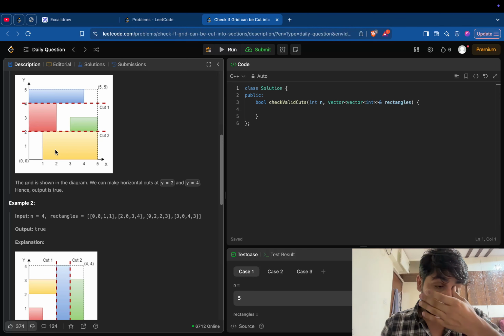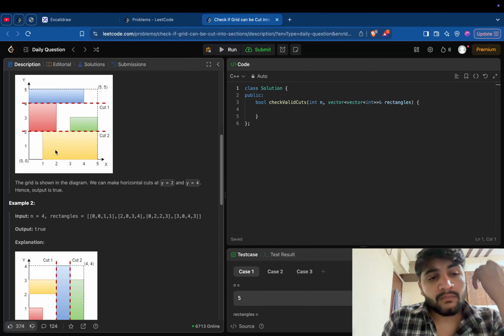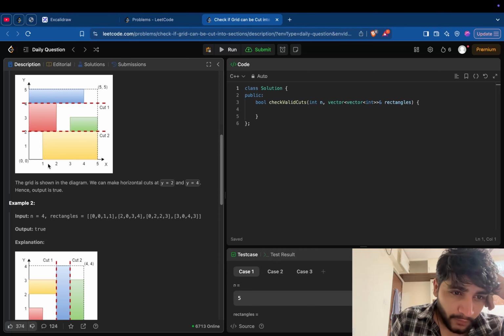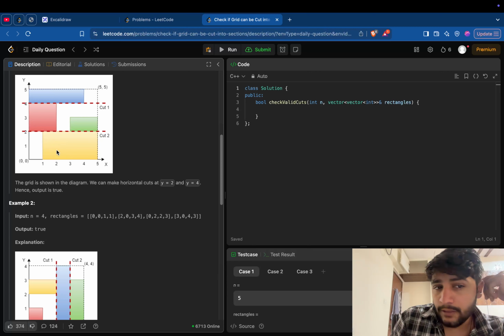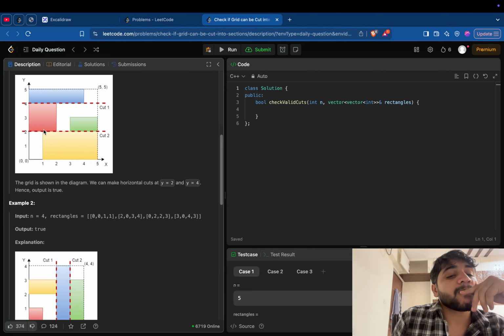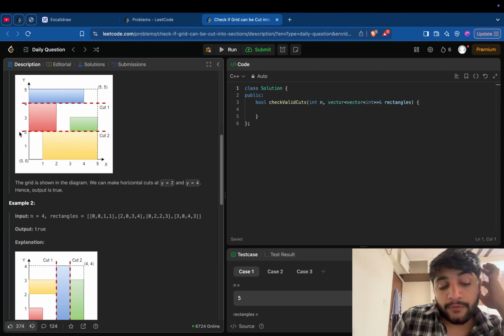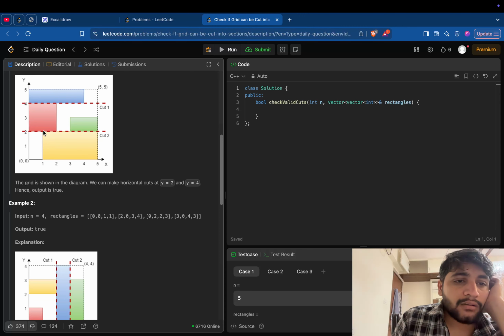Yeah, so we have this rectangle, we go along this axis, and whenever we find the end of one rectangle, we will have a cut there.